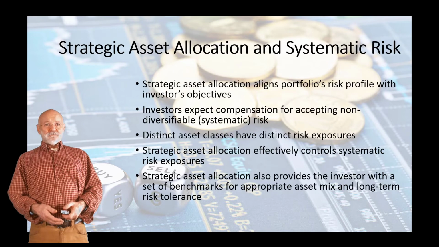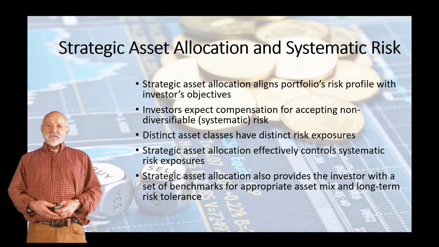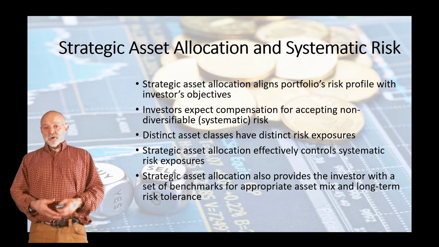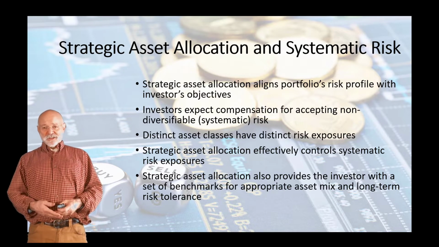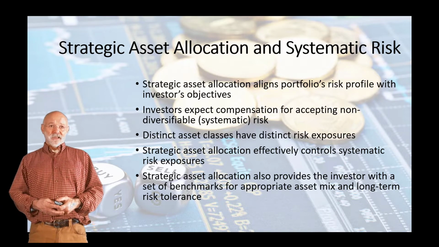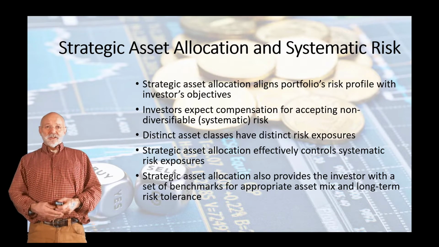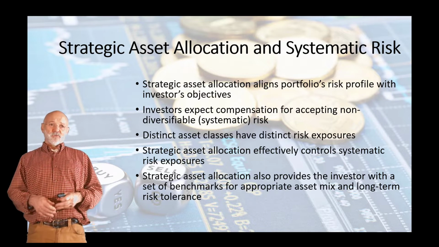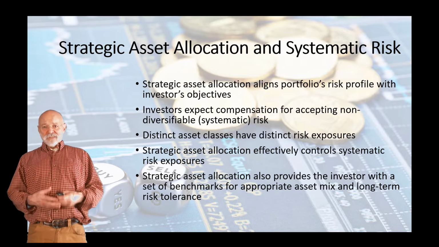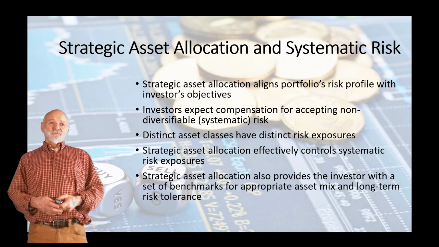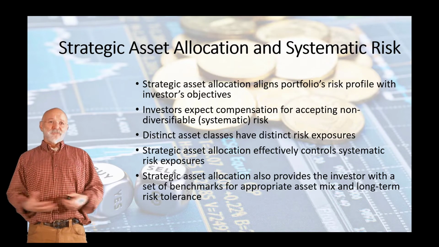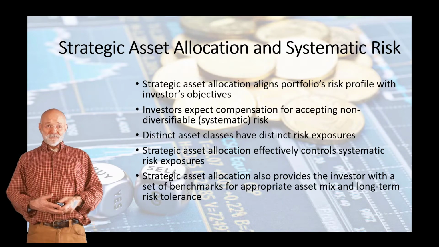Now, when we talk about systematic risk, well, systematic risk is the risk that comes from the broader environment. We're always going to be exposed to this kind of objective risk, the risk that affects everyone. Strategic asset allocation aligns our portfolio risk profile with the investor's objectives, but also it provides a relative level of higher reward for accepting some of the risks that are going to come from that environment, the non-diversifiable type of risk.